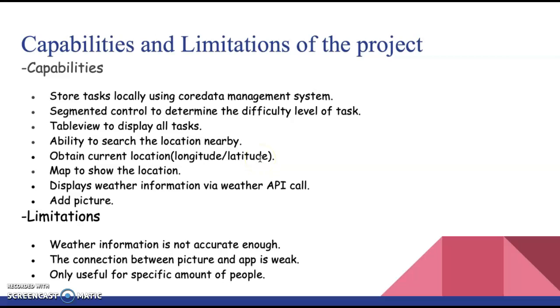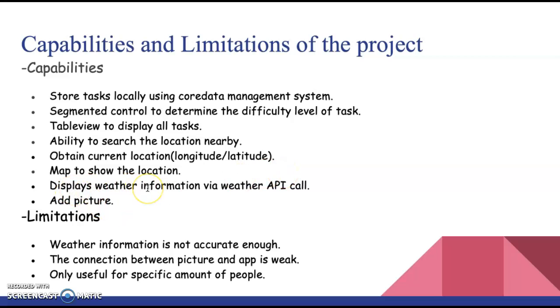This means the user can search whether there is a restaurant nearby or not, or a candy shop or not. It will obtain the current location and display it in longitude and latitude. And I have a map to show the location in an annotation way.